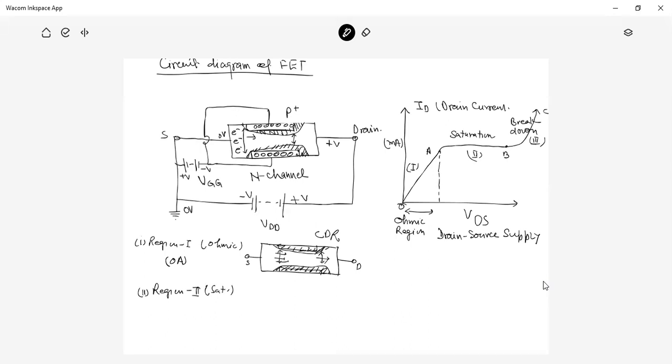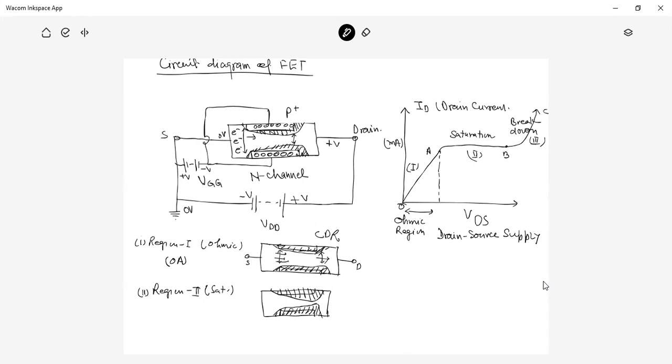In the saturation region, the channel has hindrance, which grows.